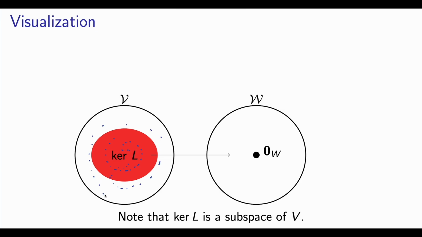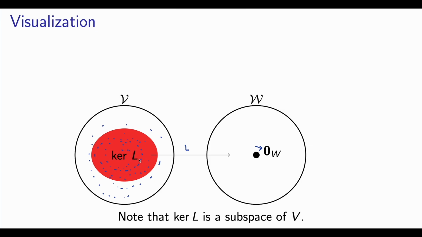All those points in the red circle map to the zero vector of W. So this is a linear transformation, and L maps all those elements such that it becomes the zero vector of W. Okay, so all such vectors in the red circle will form a subset of V, and that is going to be the kernel.